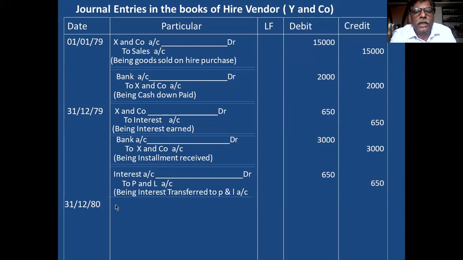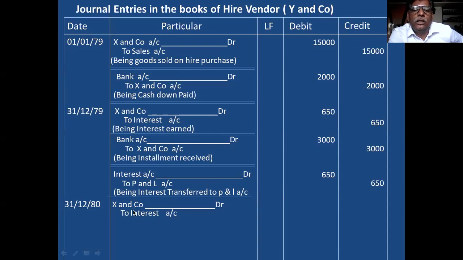For the second year, charging interest: the debtor, X and Company, is debited, and the interest account is credited.